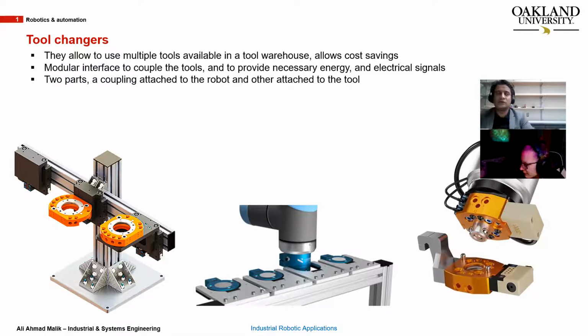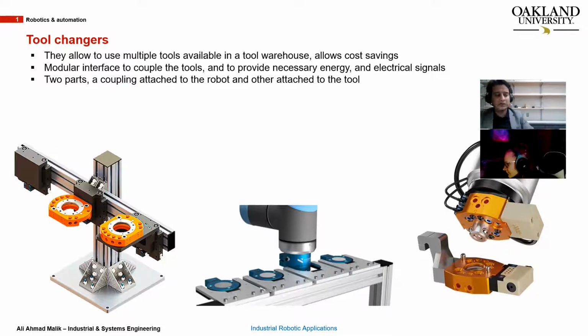So you can't buy 3 or 4 different robots if you want to perform 3 or 4 different tasks. Rather, you will go for some tool changing methods. But again, it depends on the application, whether you can use the same robot for 3 or 4 different tasks.